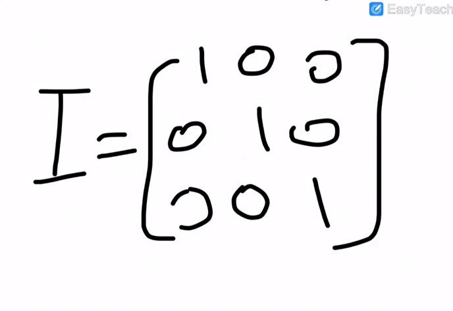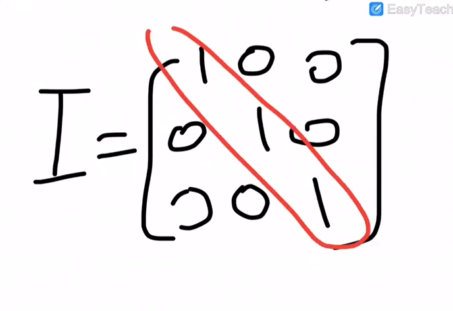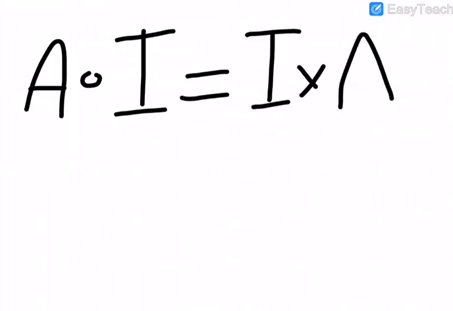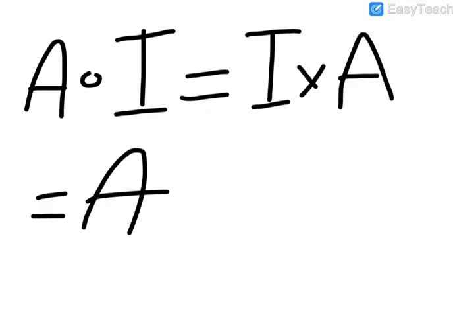So in the identity matrix, the diagonal of the matrix is 1 and the rest of the elements are equal to 0. And the properties are clear, just like the one in numbers. If you multiply I with A, it's the same as A times I, and it's equal to A. No changes, okay? It's cool, right?